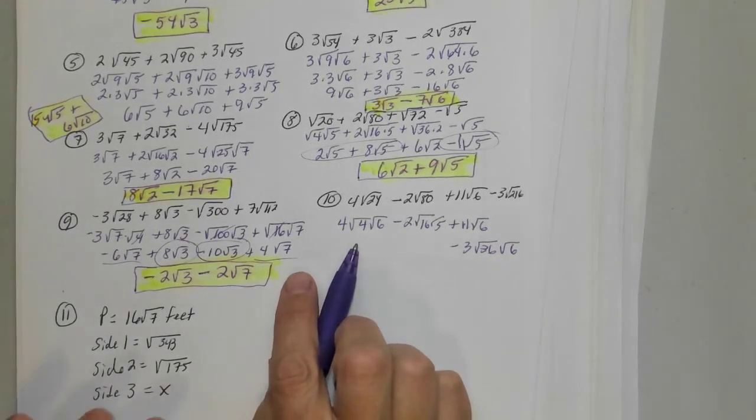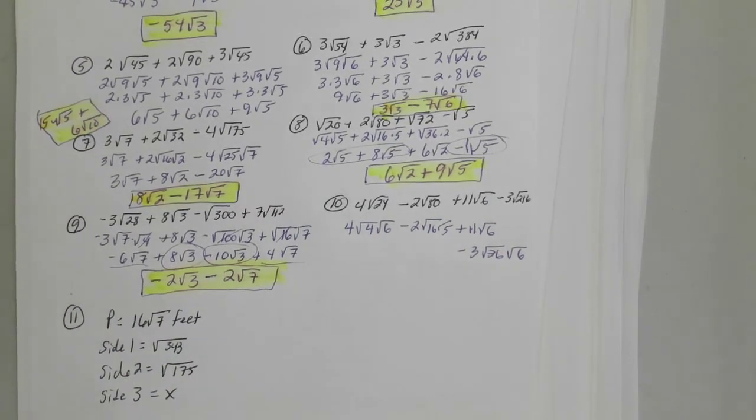So now we're just going to take the square roots. And I'm going to have to stop here and finish it up on the next page. I'll be back. Thanks.